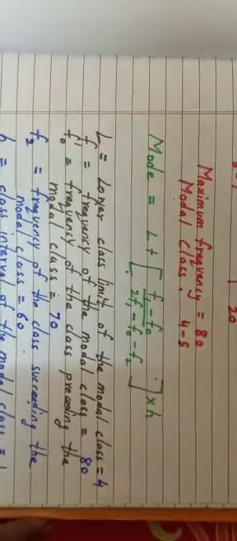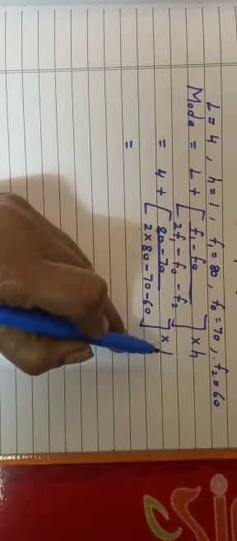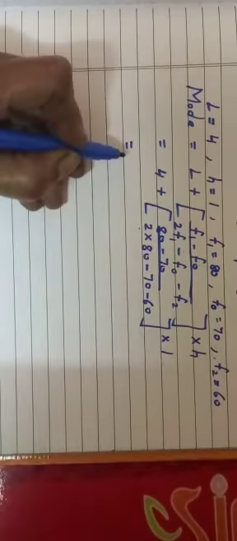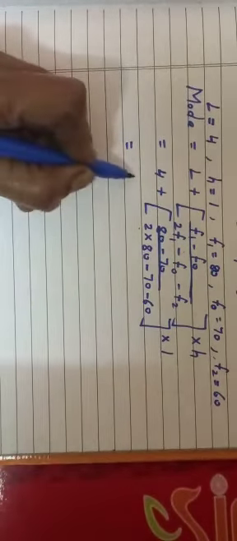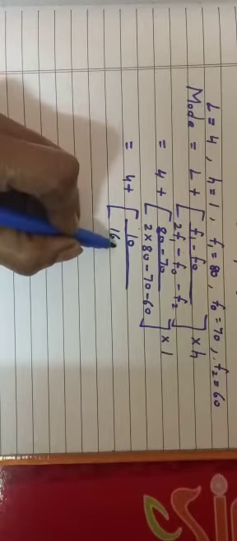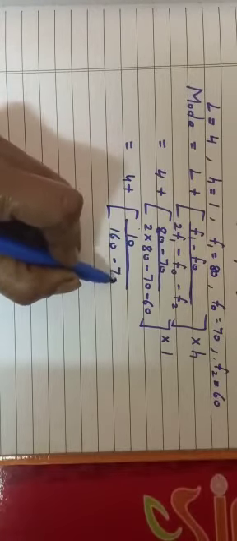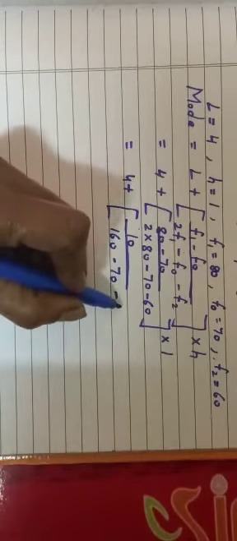F2 is 60. Write it down 60. And h is 1, into 1. So which is equal to 4 plus, solve the bracket. 80 minus 70 is 10, upon 2 into 80 is 160 minus 70 minus 60. Now no need to write into 1 again. Okay, it is understood.